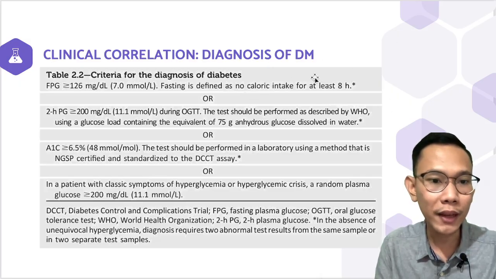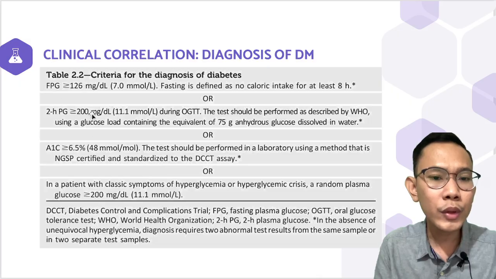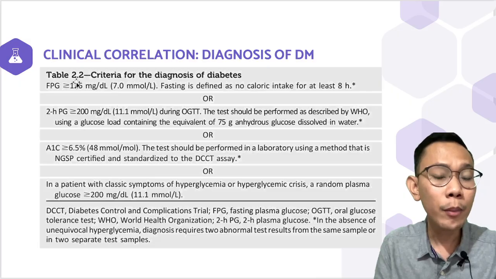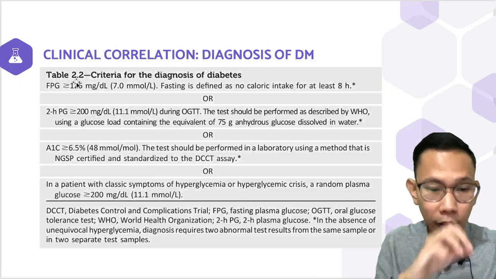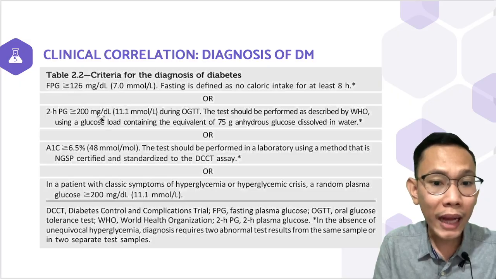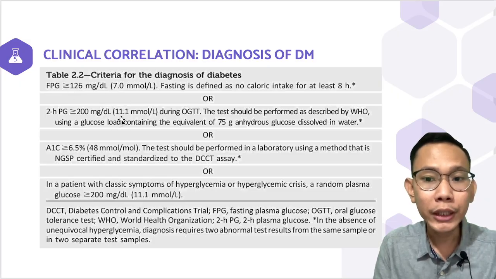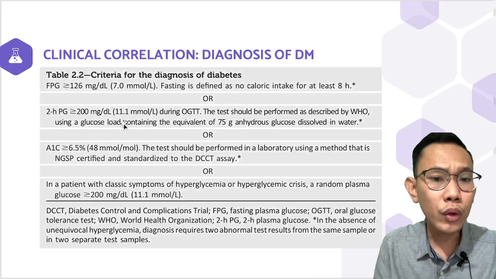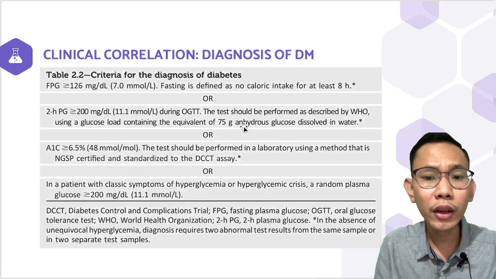So, fasting glucose level. And for 2 hours postprandial glucose, the value is more than 200 milligrams per dL. The test should be performed as described by WHO, using a glucose load containing the equivalent of 75 grams of glucose dissolved in water.